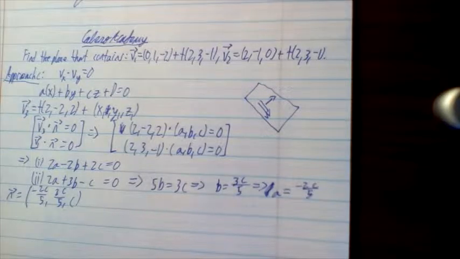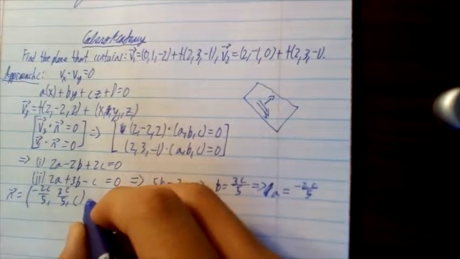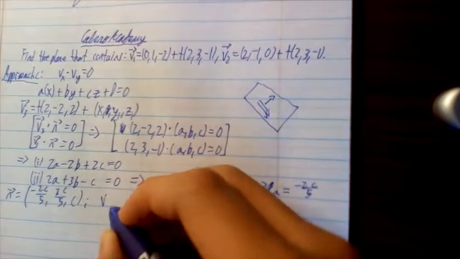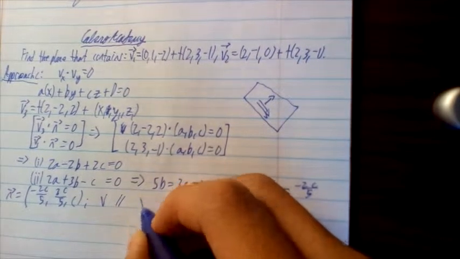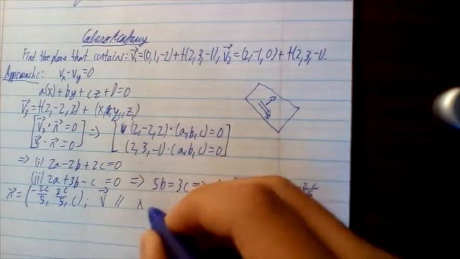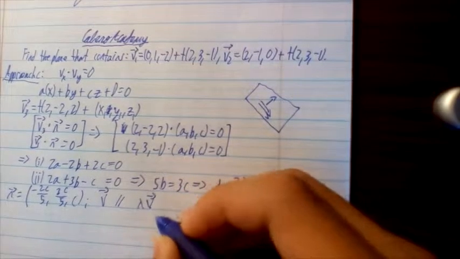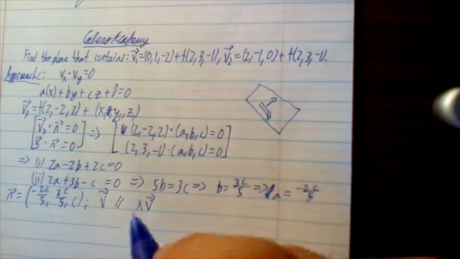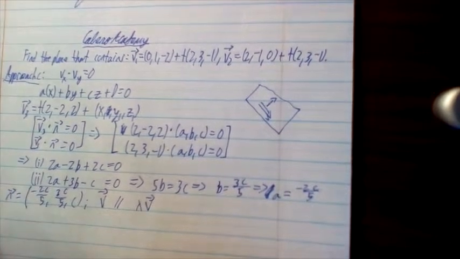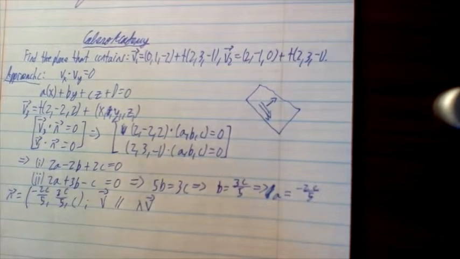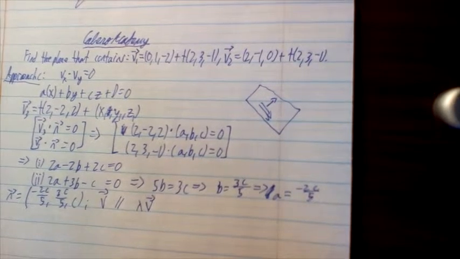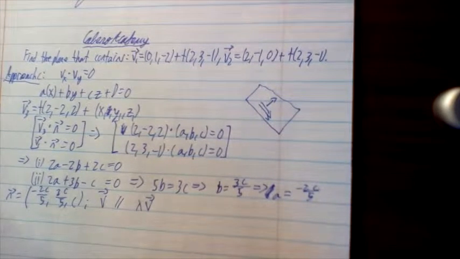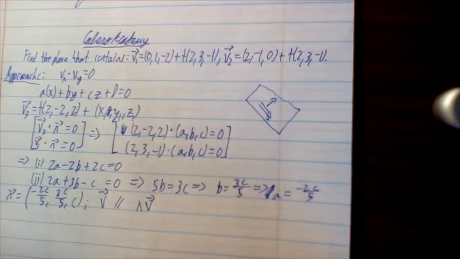But we know that any vector v is going to be parallel to vector lambda v, where lambda is some constant, because it doesn't change the direction of the vector v. All lambda does is change the magnitude of the vector. So it changes in size, but the direction remains the same.